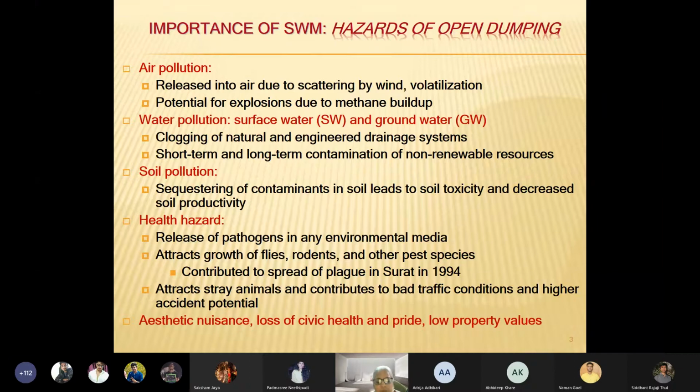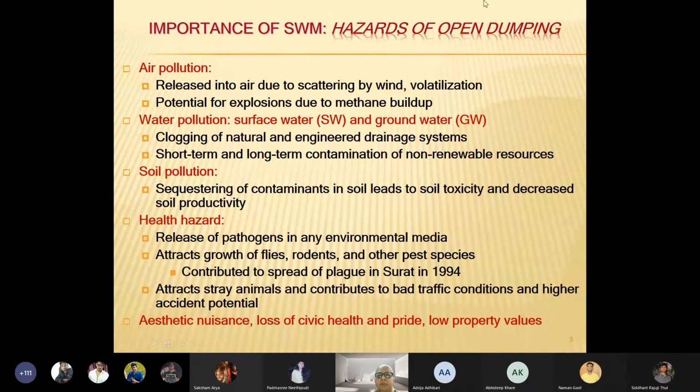If you look around your city, you'll find some dumps where both residential waste and perhaps even waste from industrial, small and medium industries, if they are operating in your area, you can probably see dumps. I can tell you that 20 to 30 years ago, these were a common sight. And thankfully, the number of dumps that you can see around you has definitely reduced, but they have not disappeared. They're still there.